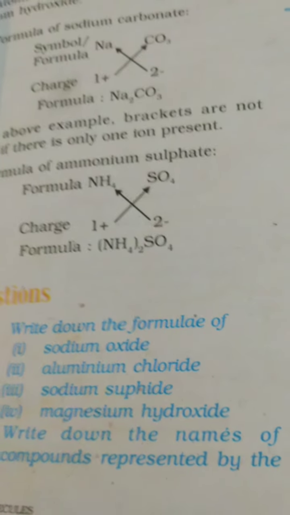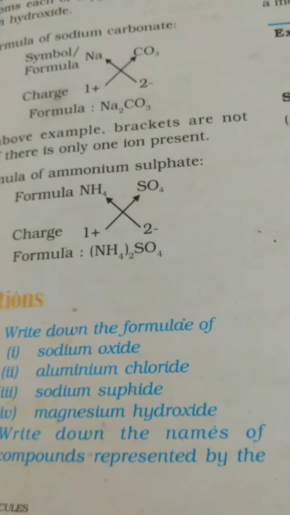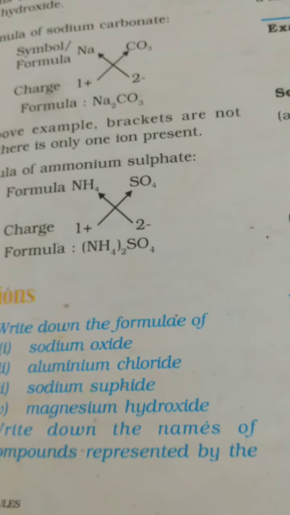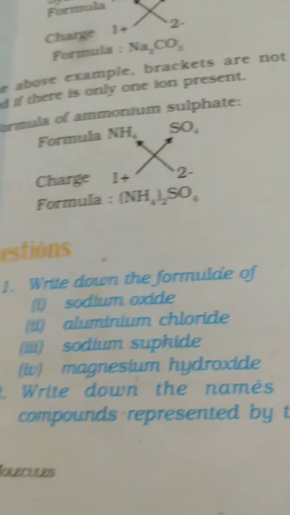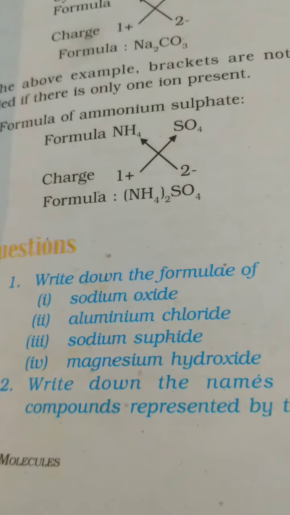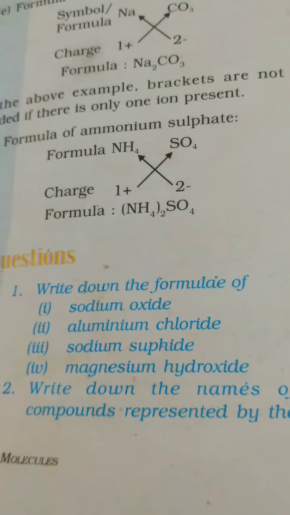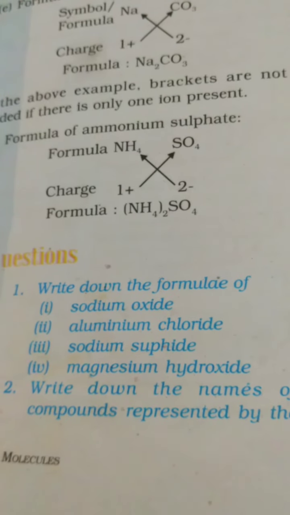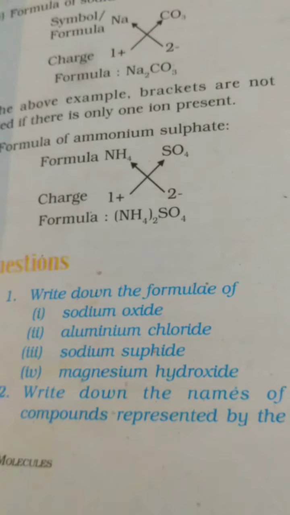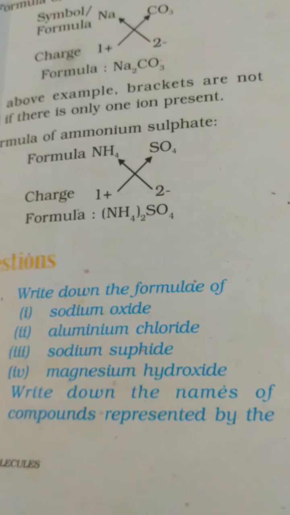Aluminium chloride, aluminium has 3 valency and chloride ion has 1 valency, so AlCl3, the 3 valency of aluminium will go over the chloride ion. Sodium sulfide, Na2S. Why? Because the sulfide ion has 2 valency and the sodium ion has 1 valency, which will be going over each other, so finally the compound's formula will be Na2S.